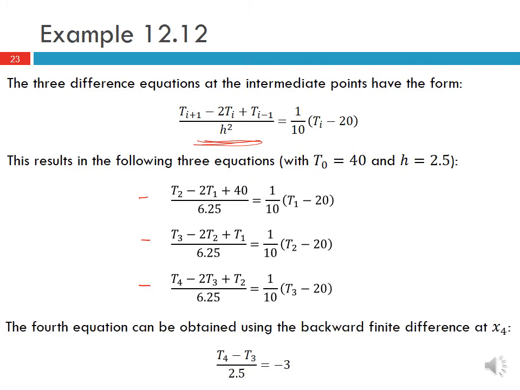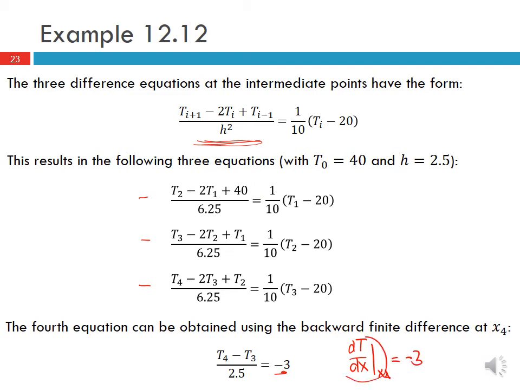And then the last equation is obtained by using the backward finite difference at x4. So this is just the backward finite difference for the first derivative. And then we set this equal to minus 3 because we said that our boundary condition was that dT/dx at x4 is equal to minus 3.